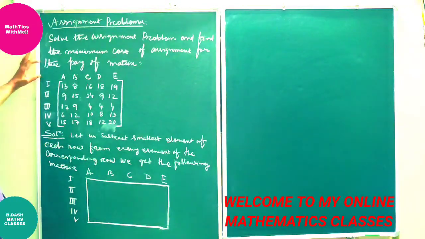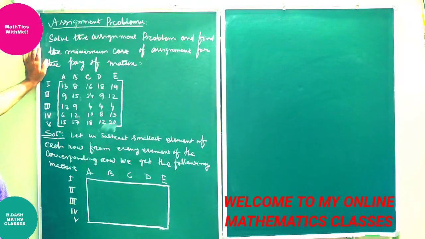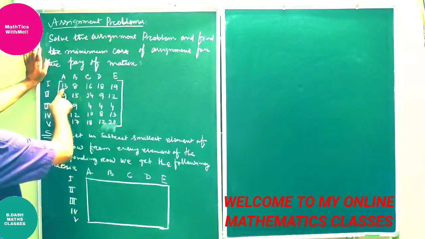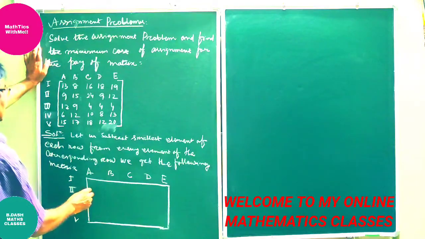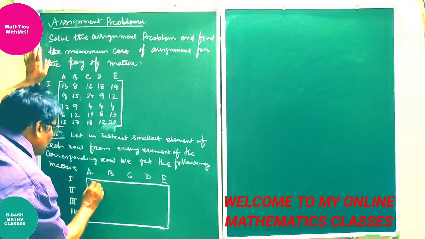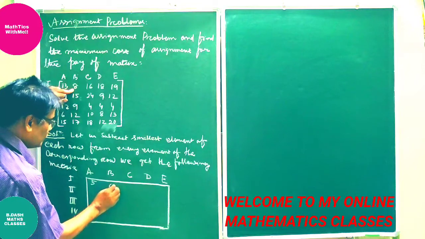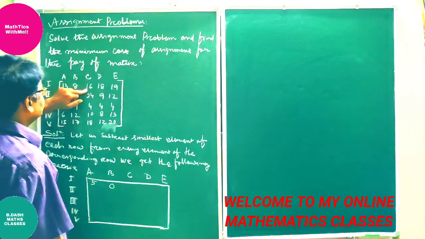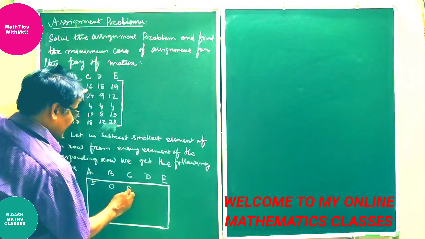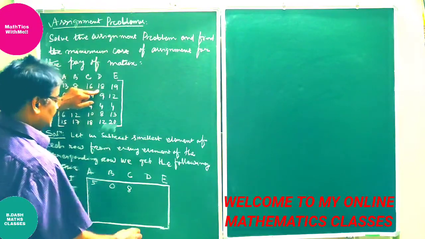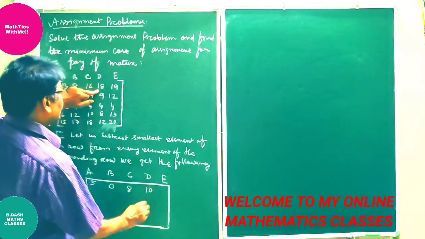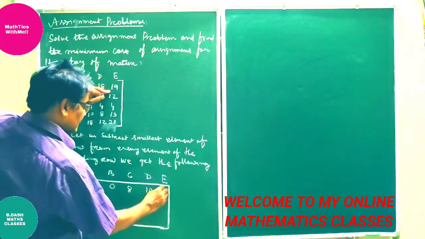Now the smallest element in the first row is 8. So you have to subtract this 8 from every element of that row. So now 13 minus 8 is 5. 8 minus 8 is 0. 16 minus 8, 8. 18 minus 8, 10. 19 minus 8, 11.